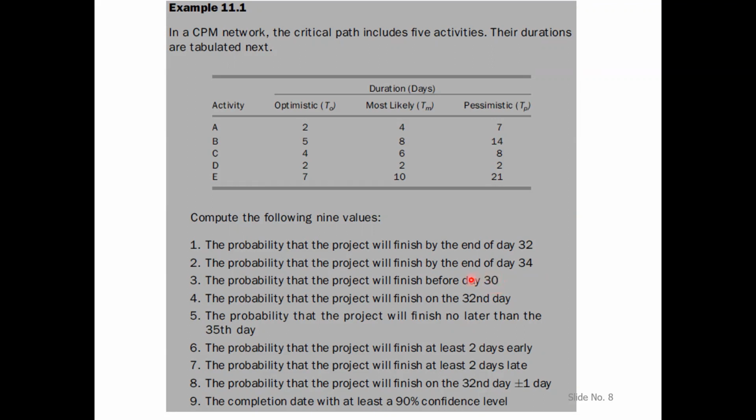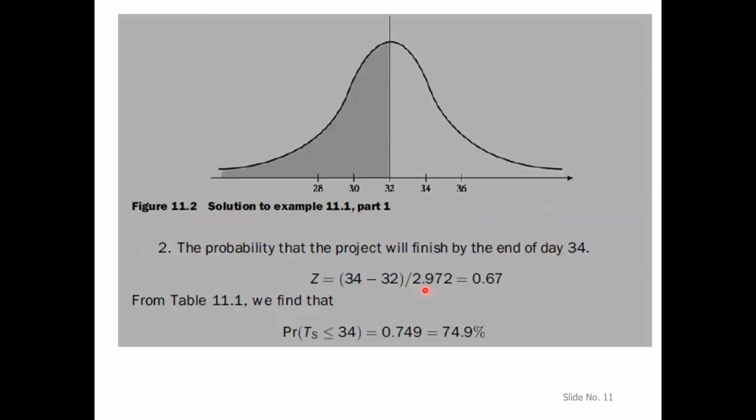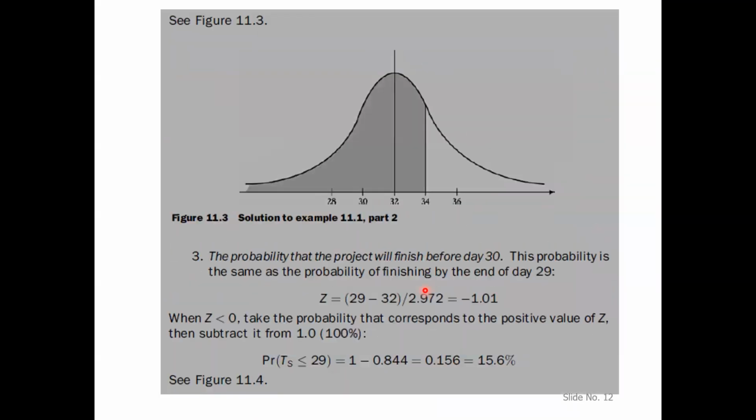Before day 30 means day 30 will not be included, so finish by the end of day or finish before day are two different statements. It means the project will finish by the end of day 29.